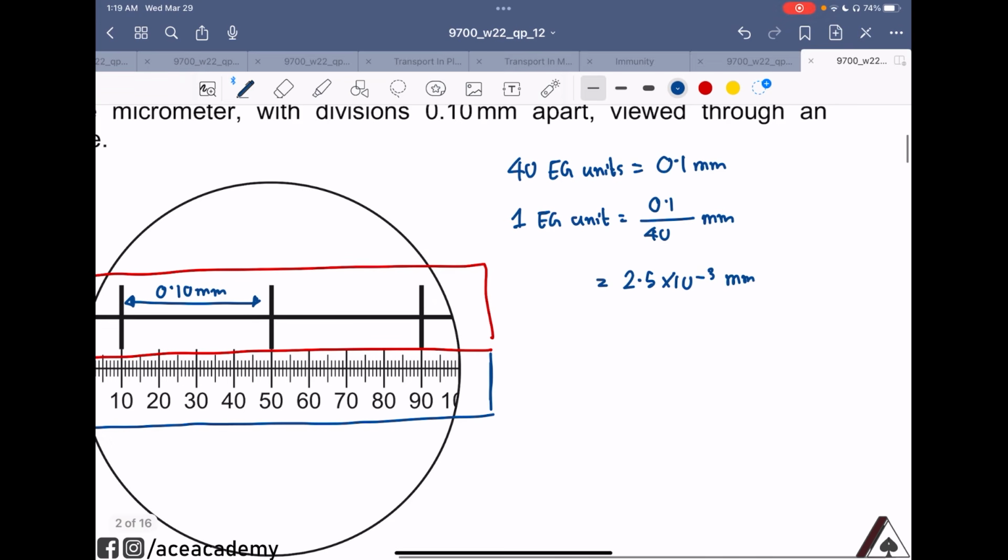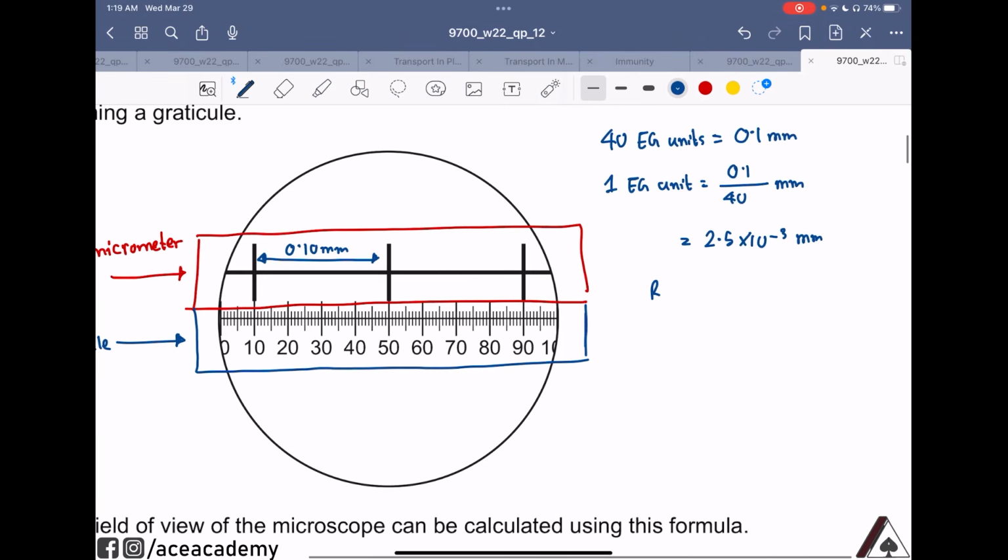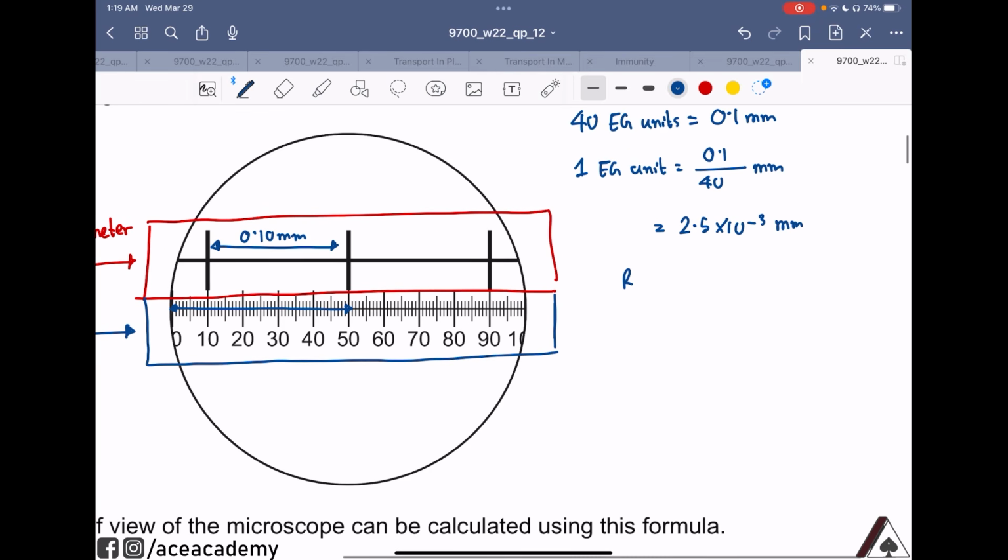Then, the radius of the entire field of view is this, 0 to 50. So radius equals 50 times the eyepiece graticule unit, which is 2.5 times 10 to the power minus 3 millimeters.